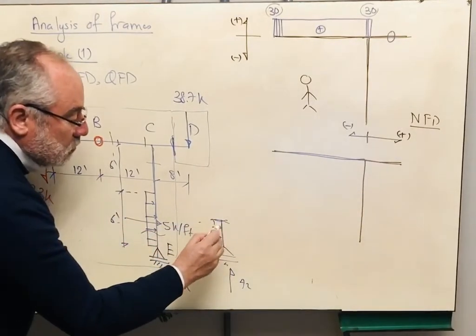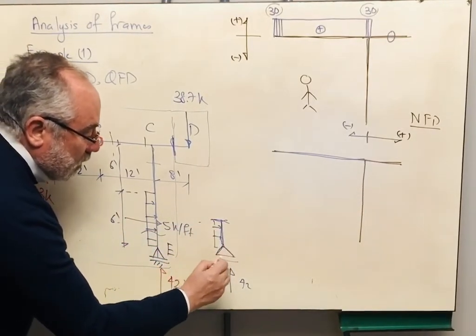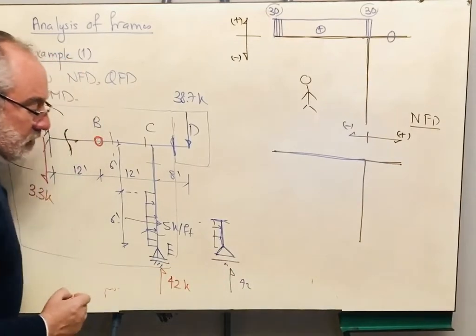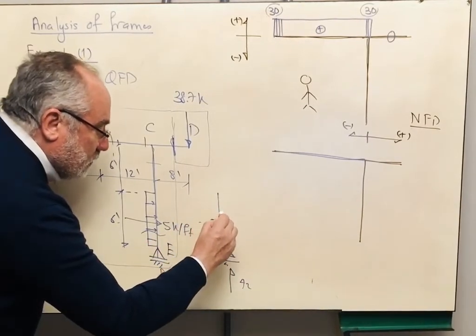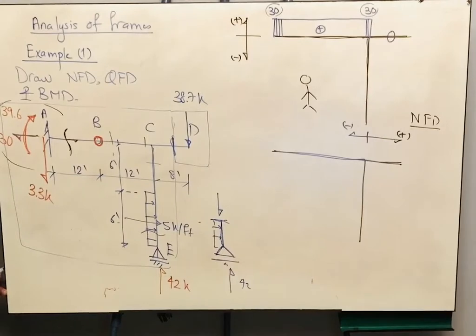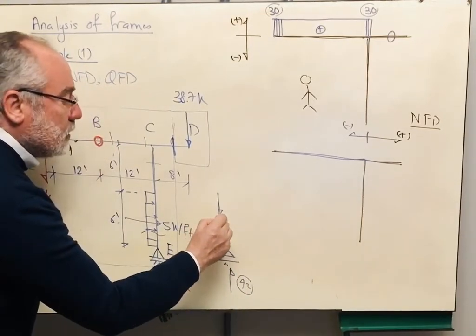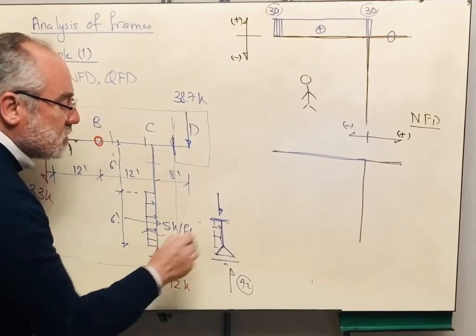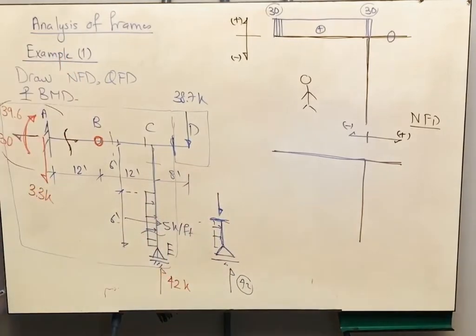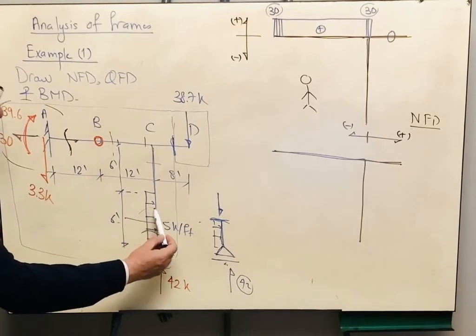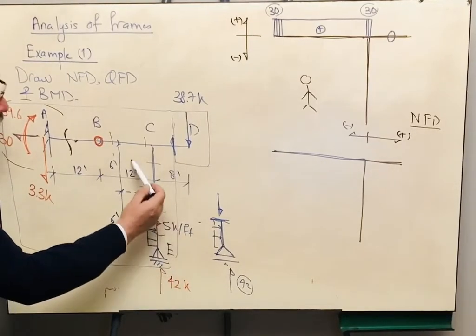If you want this part to be in equilibrium in the vertical direction, there should be an internal force in this direction like this to balance with the vertical reaction. The internal force is getting towards the section, it's causing compression. What difference will it make if I'm cutting a section here, or a section here, or a section here?